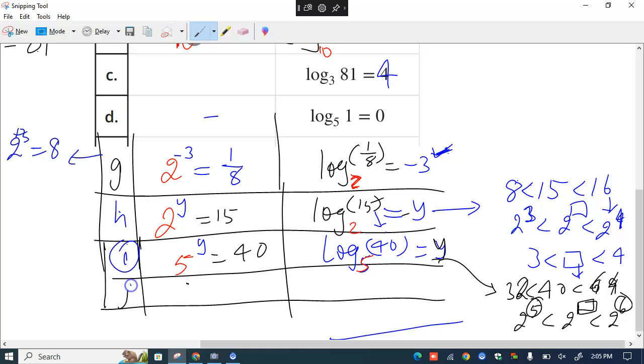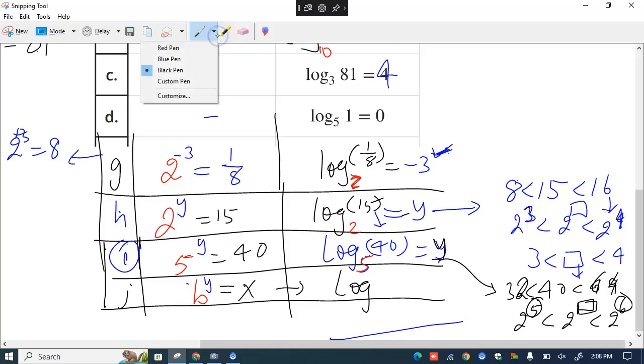G. So the last question is b raised to y is x. This can be written in the exponential form. The red one is b, so I'll write the log. So logarithm base is the red b of x and equals the blue y.